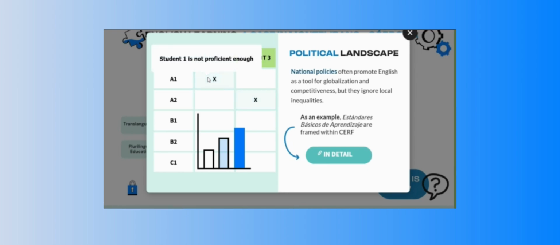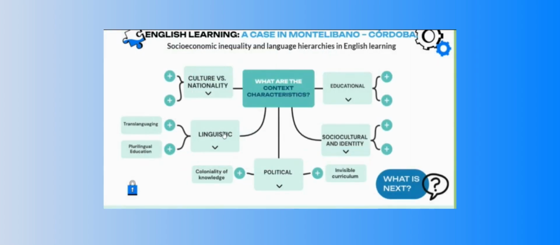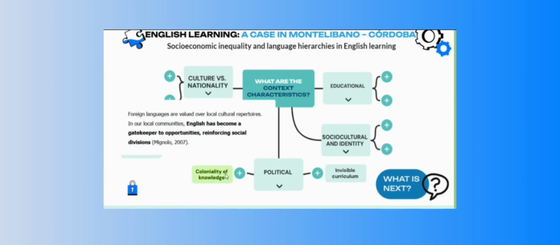For example, a student who is not proficient enough. This reflects the coloniality of knowledge described by Walter Mignolo 2007, where foreign languages are valued over local cultural repertoires. In our local communities, English has become a gatekeeper to opportunities, reinforcing social divisions.